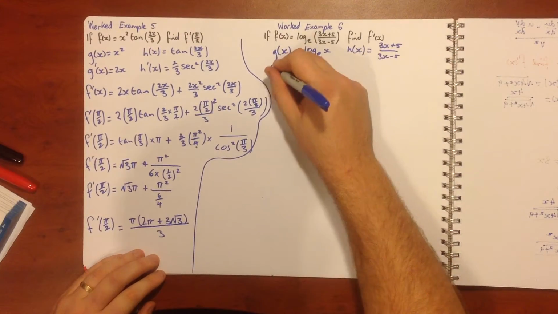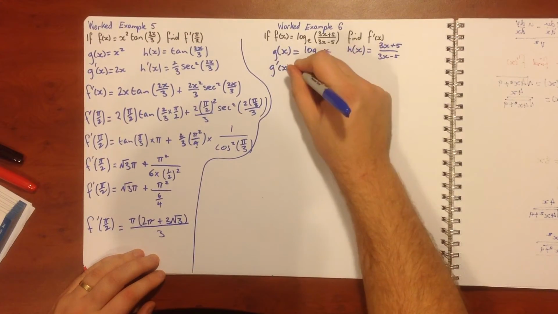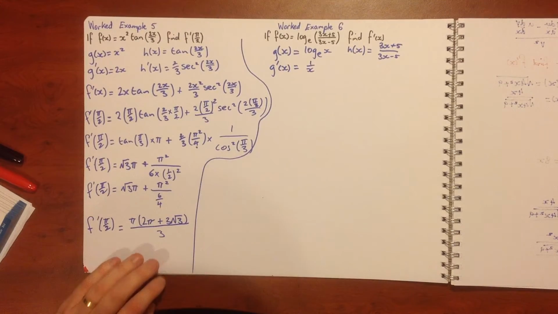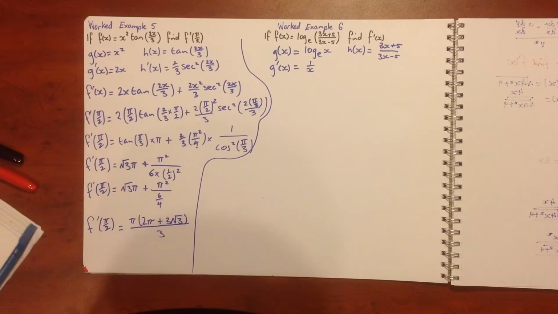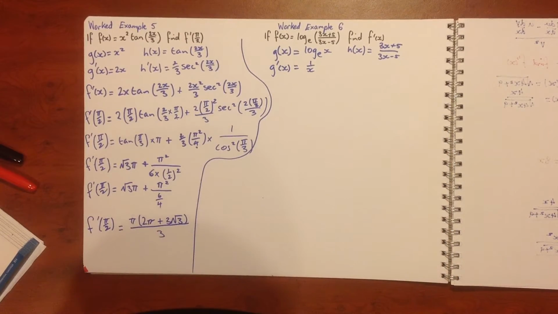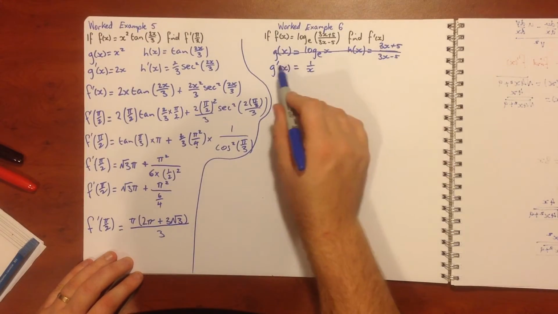So g dash of x is 1 over x. That's our nice bit. Our not quite so nice bit, of course, is the next part. But actually, I just realised I've made this harder for ourselves than it needed to be. Much harder. So sorry, scratch that.